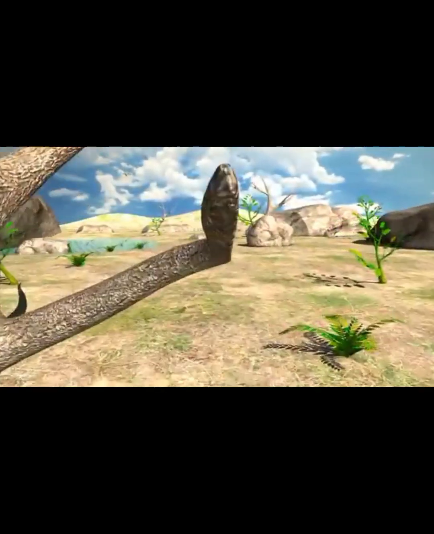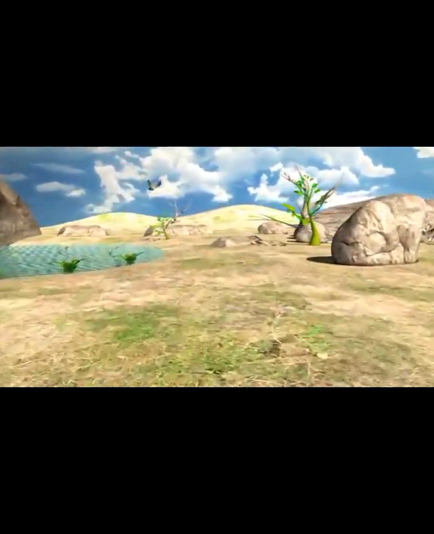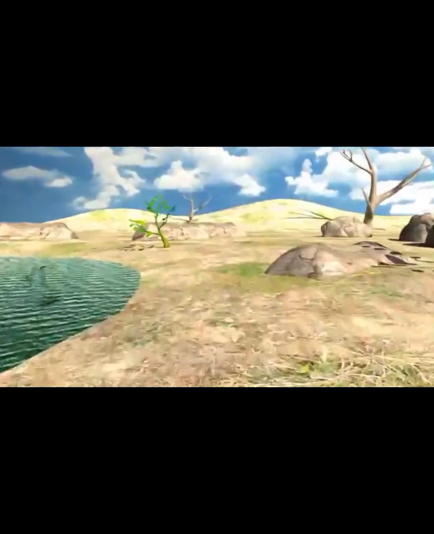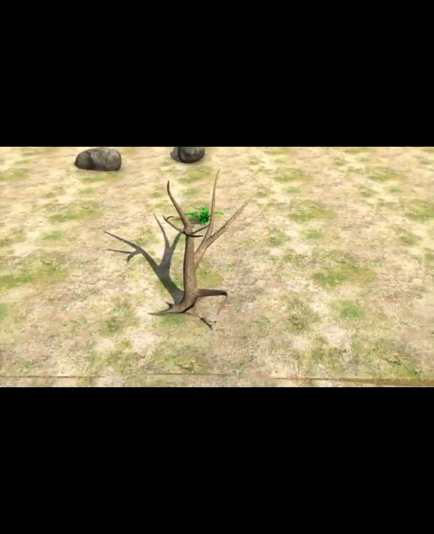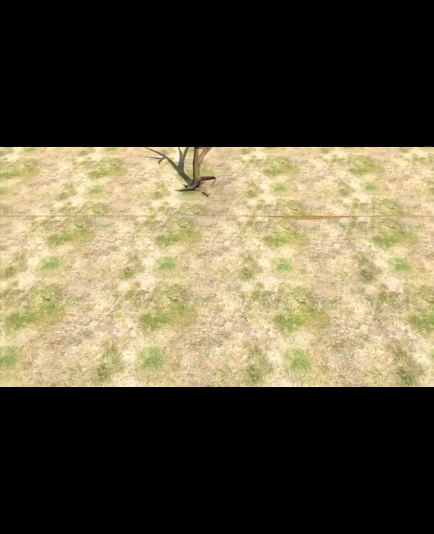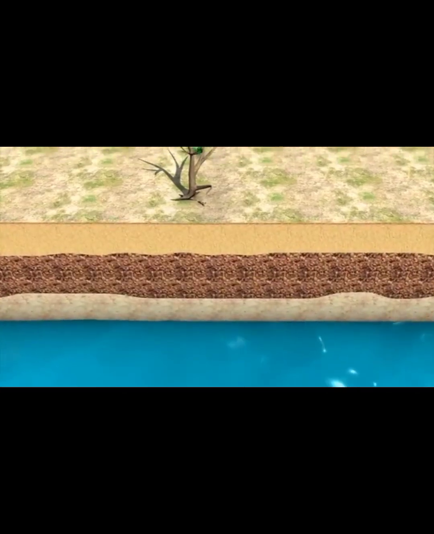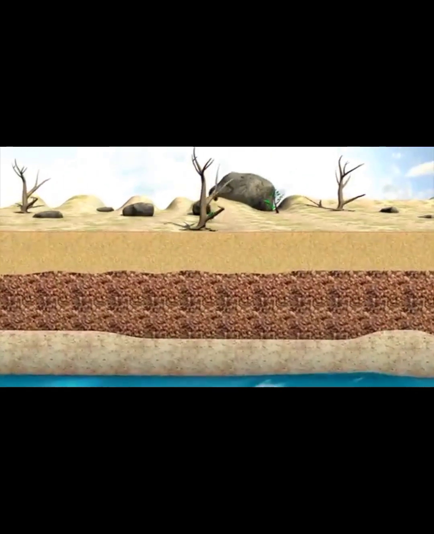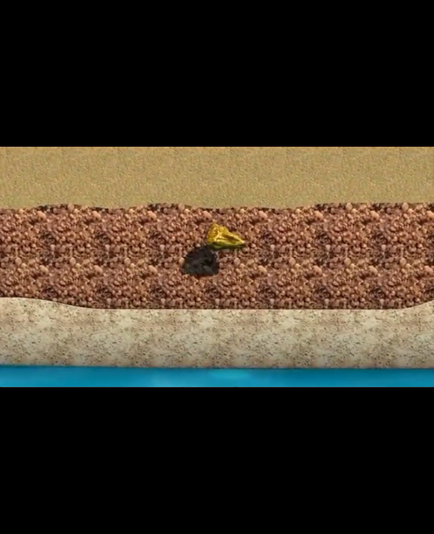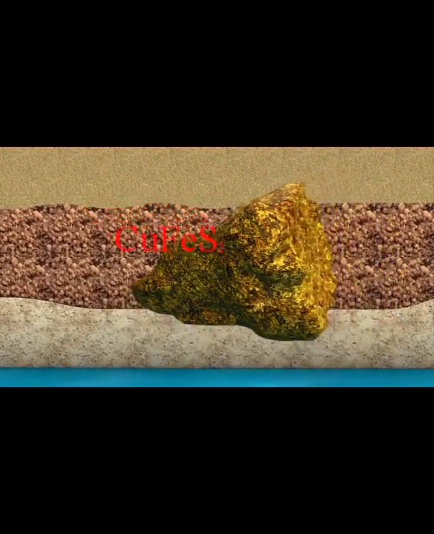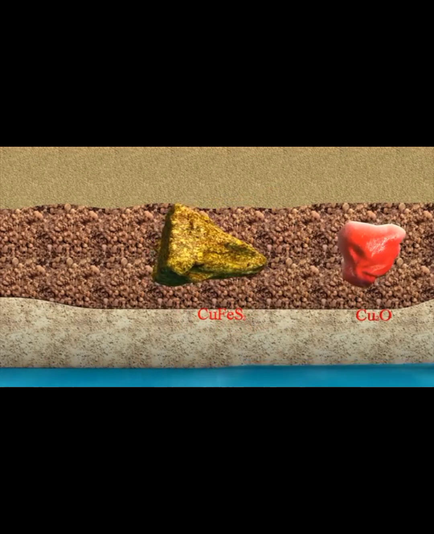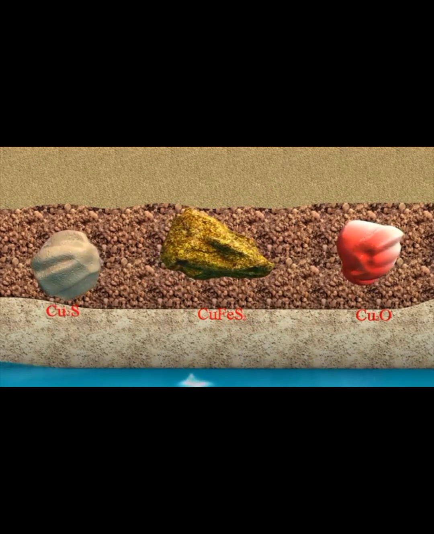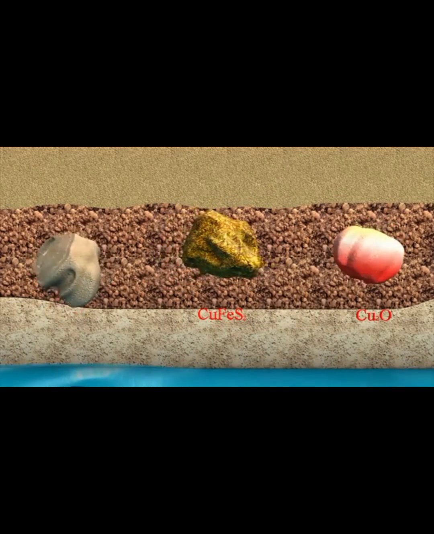Let's see the ores of copper: copper pyrite, cuprite or ruby copper, and copper glance. Let me repeat.